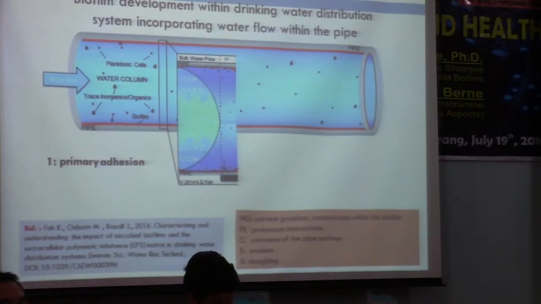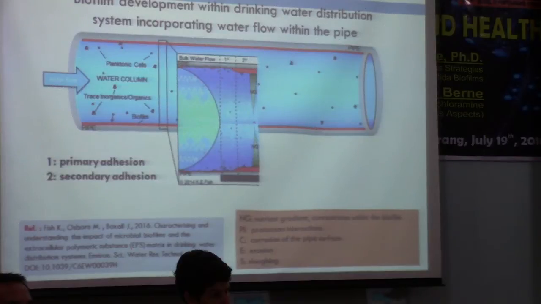Usually, this primary adhesion is reversible with a simple water wash, for example. Then you have the secondary adhesion, which is more irreversible. Here the microorganisms are protected by the EPS matrix and they cannot be removed by a simple water wash.